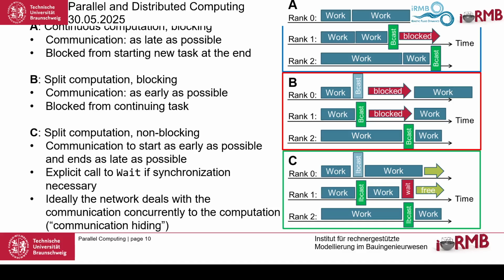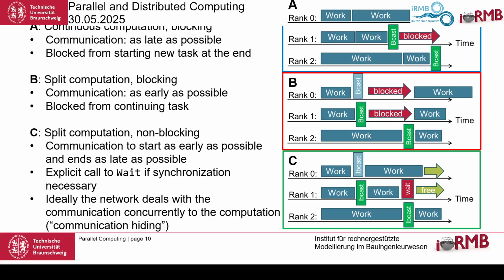Namely, the question is whether all the processes should do the communication and then wait until they are told to do more work, or whether they should already do more work while they are waiting for something to happen.